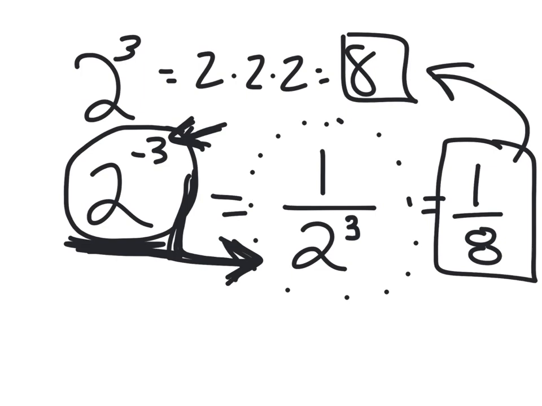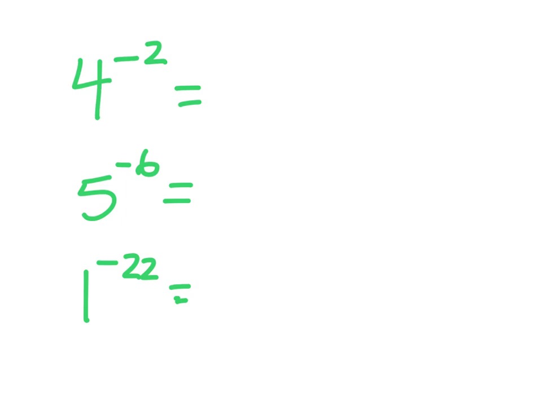Now, the weird thing is the negative exponent had nothing to do with positive or negative. It simply forces it to the bottom of a fraction, which is your denominator. So let's take a look at some examples, see if it makes sense. 4 to the negative second: I'm going to push that to the bottom of my fraction, which would be 4 to the second, because that's what the negative exponent tells me.